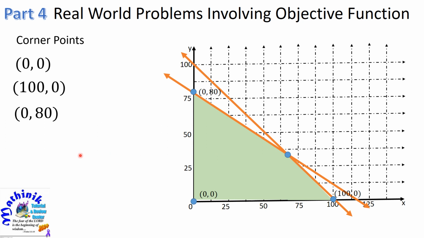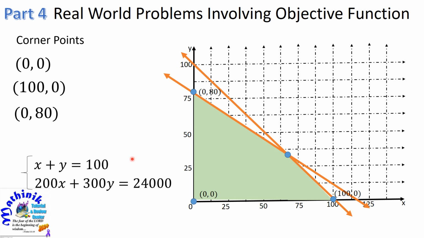Then in order for us to identify the intersection, we will use the solution to the system of linear equations given by our first two inequalities or constraints, that is x plus y equals 100 and 200x plus 300y equals 24,000.